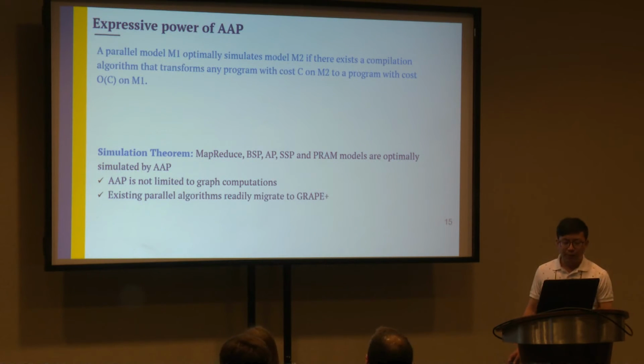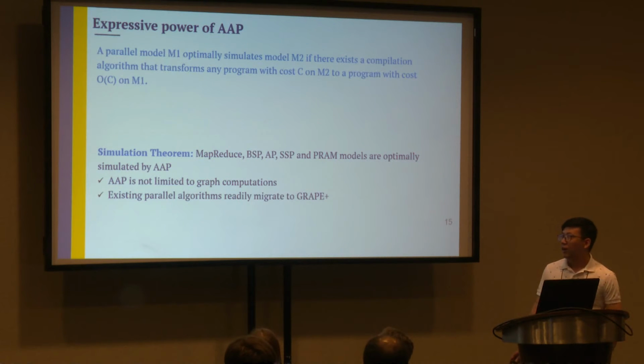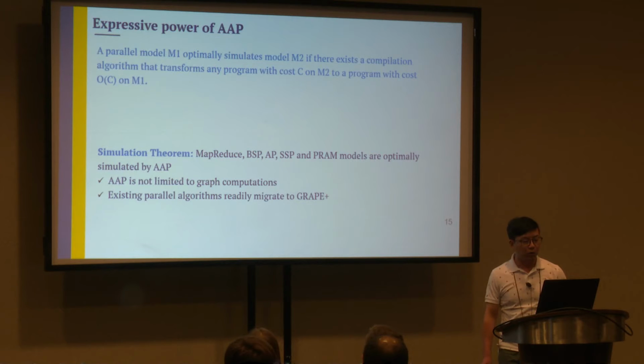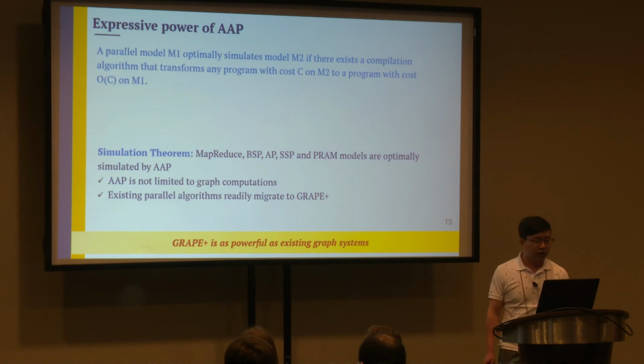MapReduce, BSP, AP, SSP, and PRAM models are optimally simulated by AAP. We remark that AAP is not limited to graph computations, and existing parallel algorithms are readily migrated to Grape Plus. With the simulation theorem, Grape Plus is as powerful as the existing graph systems.